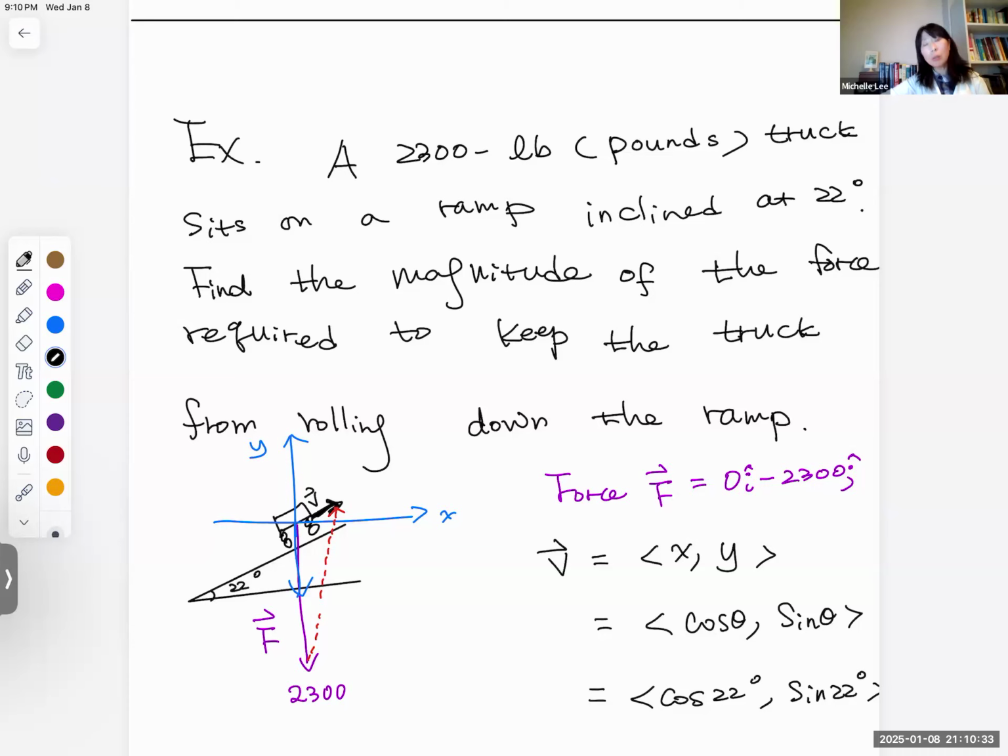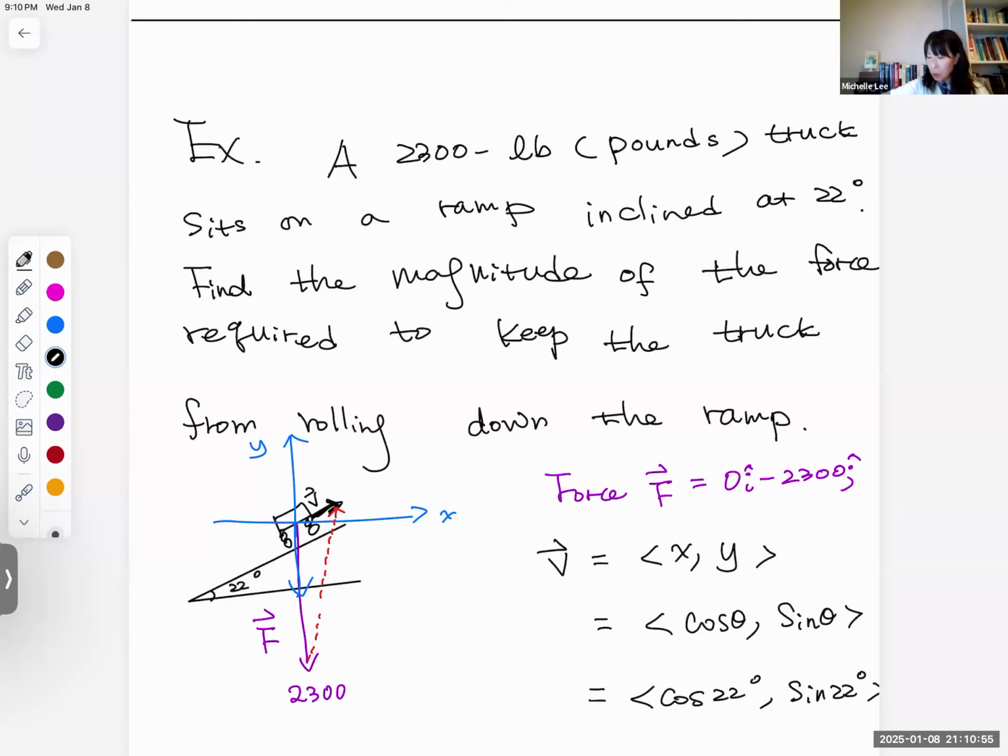So I brought one application. A 2,300 pound truck sits on a ramp inclined at 22 degrees. Find the magnitude of the force required to keep the truck from rolling down the ramp.